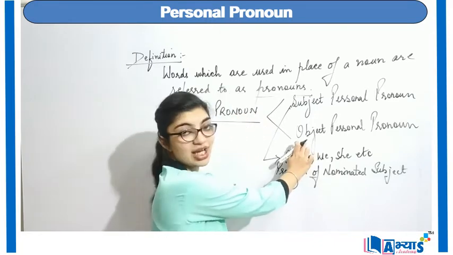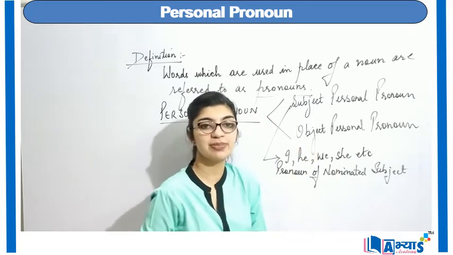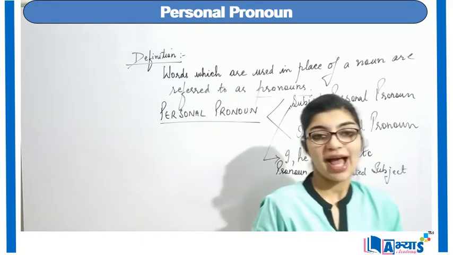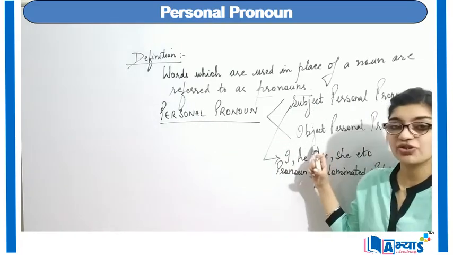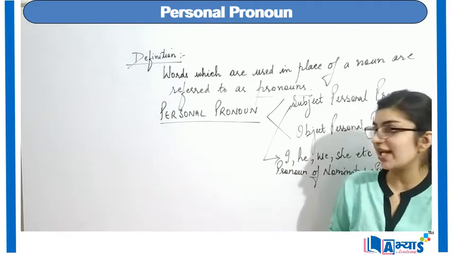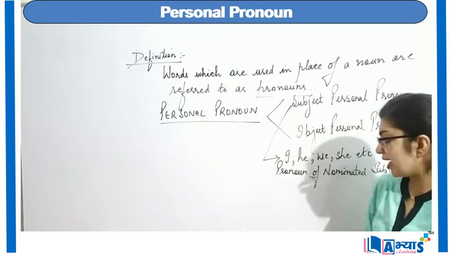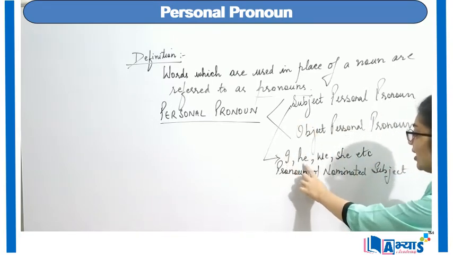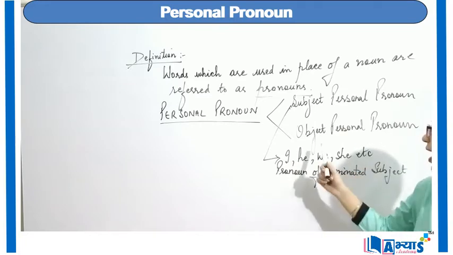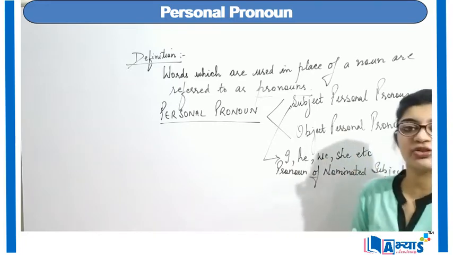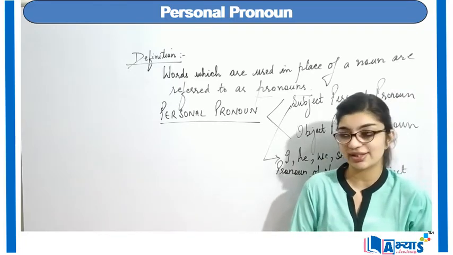The second type of pronoun is object personal pronoun, and here it refers to the object in the sentence. Subject personal pronoun refers to the subject. The subjects are I, he, we, she, etc. And object personal pronoun refers to the object in a particular sentence.